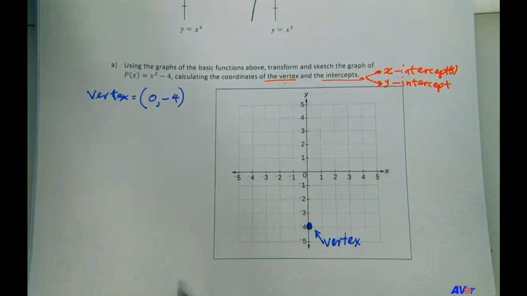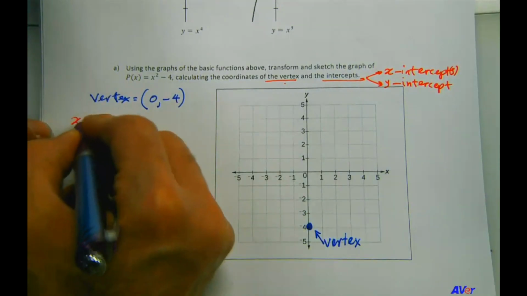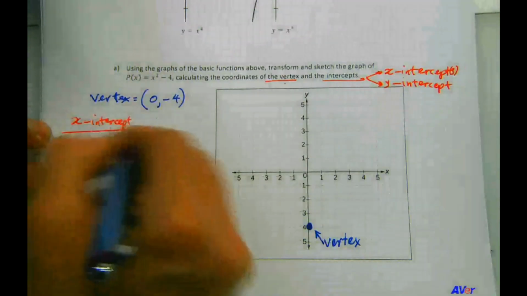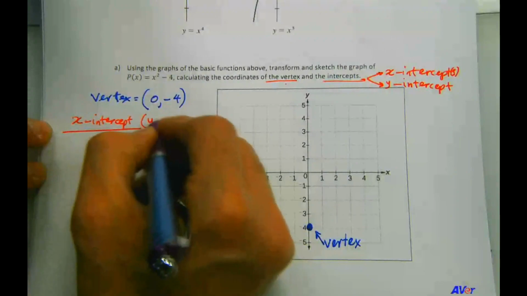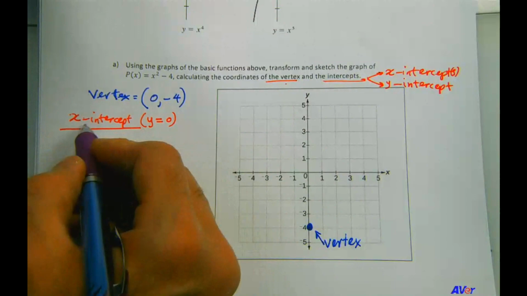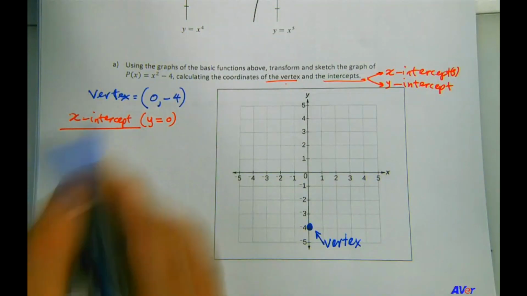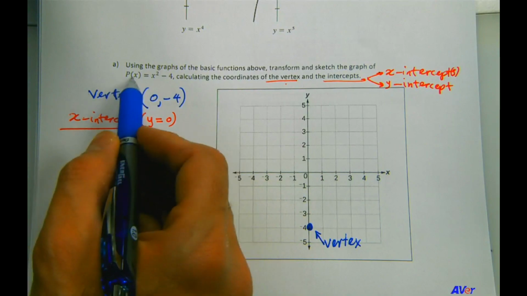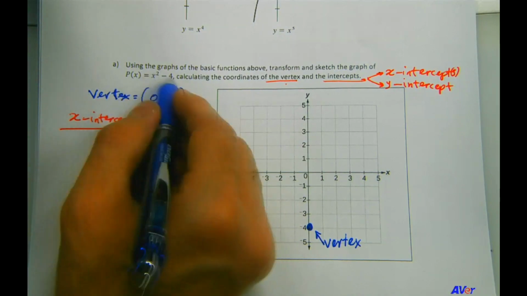And then the intercepts, let's calculate those. For the x-intercept, the y value is equal to 0, okay? And then we're going to find x values. So in that equation, let's substitute 0 for p of x and calculate x values.